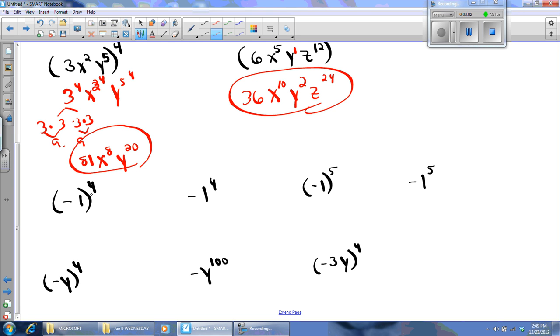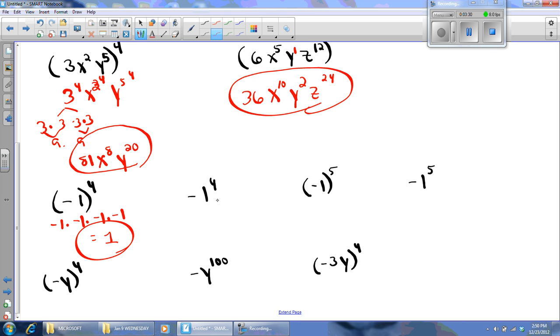All right. Now remember, I've talked about this with a lot of you. These two things here are not the same thing. You have to pay attention. On this one on the left, I'm going to do negative 1 times negative 1 times negative 1 times negative 1. Well, isn't that going to be positive 1? Because the negative is being raised to the 4th power along with the 1.